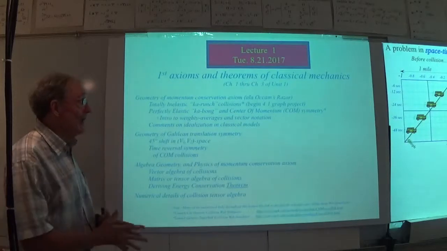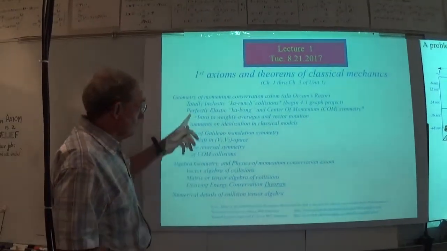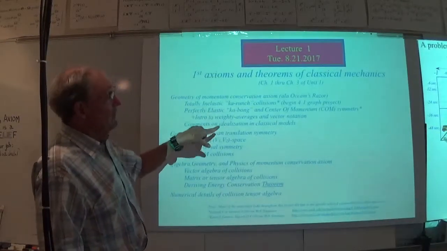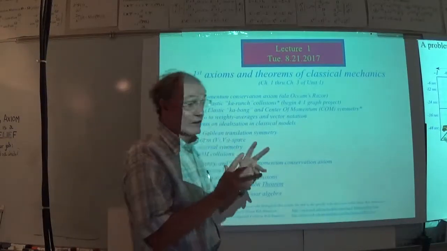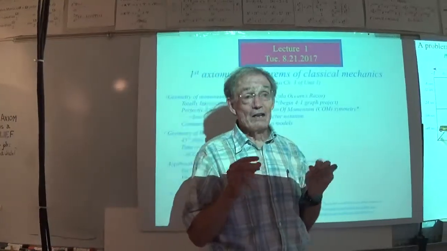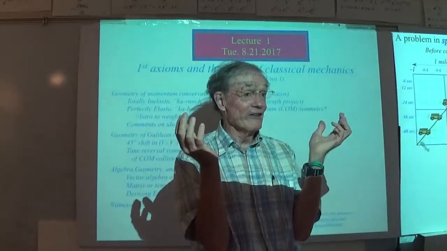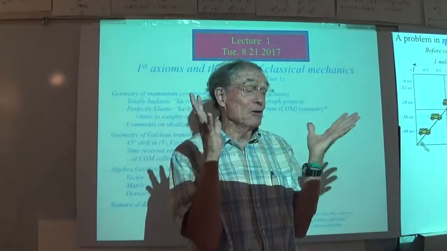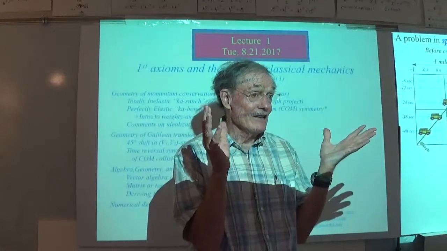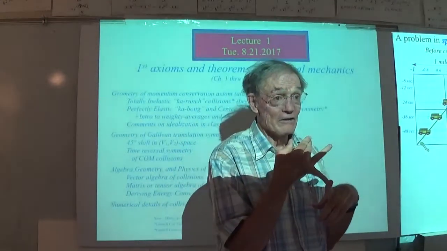Today we're going to do a lot, and I figured why wait. We're just going to go right through the logic of the simplest beginning of classical mechanics that I have been able to think about. And that is just to have two particles run into each other and make a geometrical story of that, being very careful to use the least number of axioms.